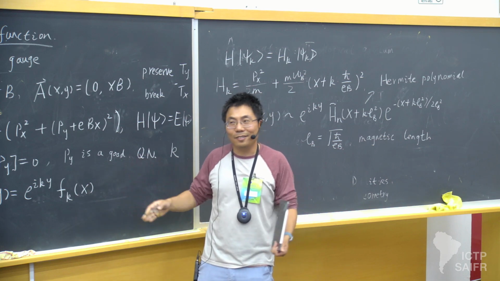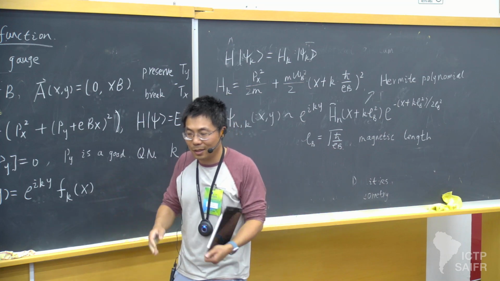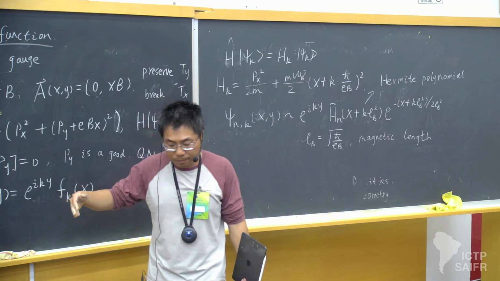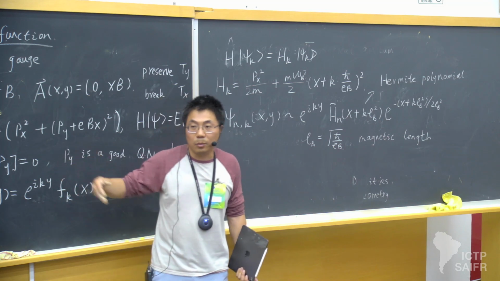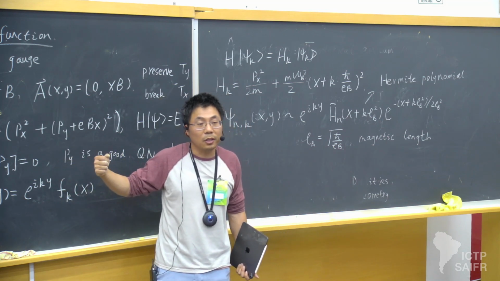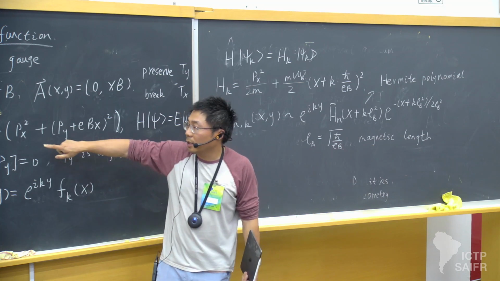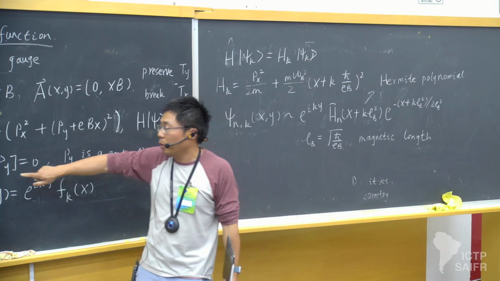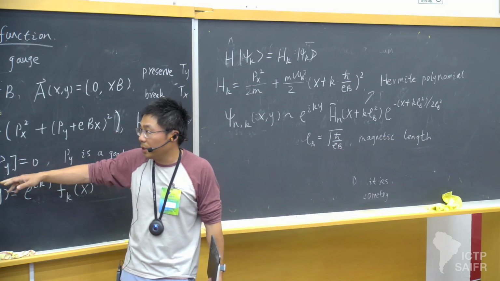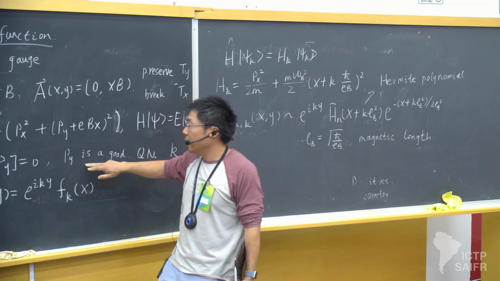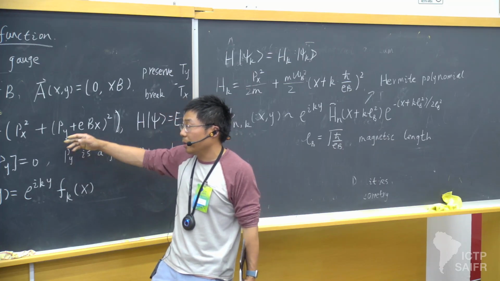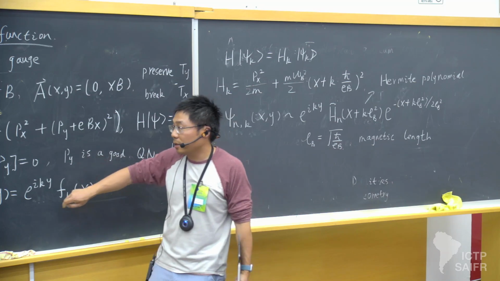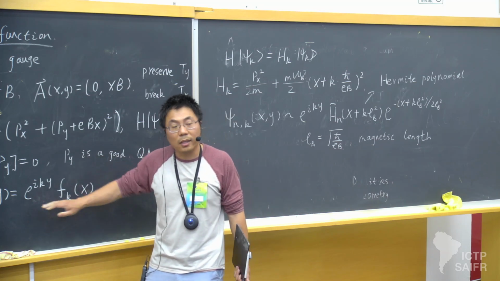If the Hamiltonian has some symmetries, then I can label the eigenstates of that Hamiltonian using the quantum numbers of that symmetry. Here, I write down the Hamiltonian, and I realize that it commutes with Py, the generator of momentum along y. Then that means I can simultaneously diagonalize my Hamiltonian and the momentum operator, and I end up with this ansatz.